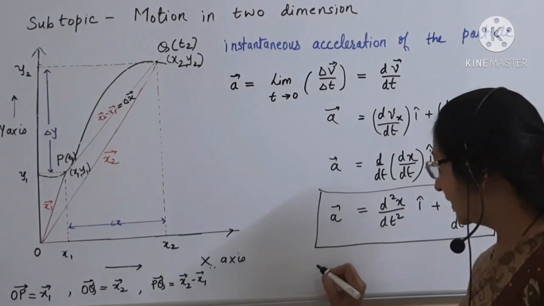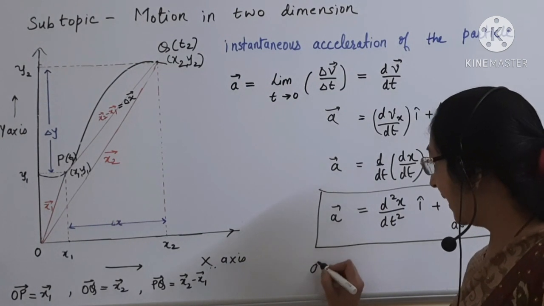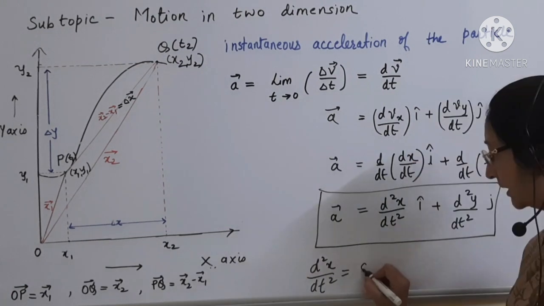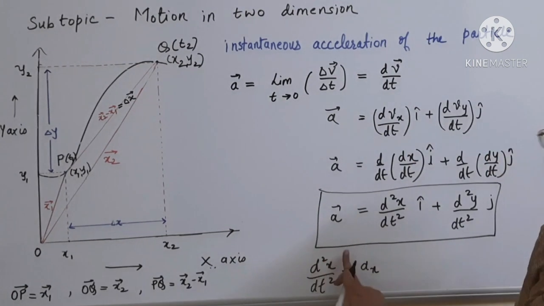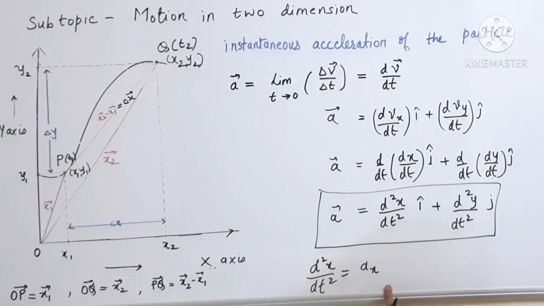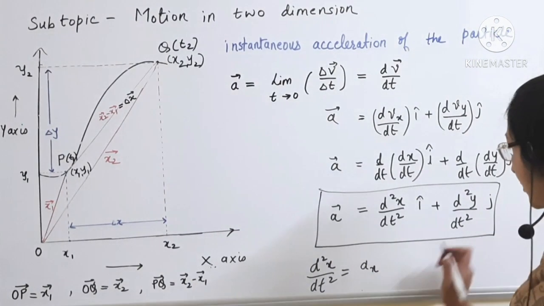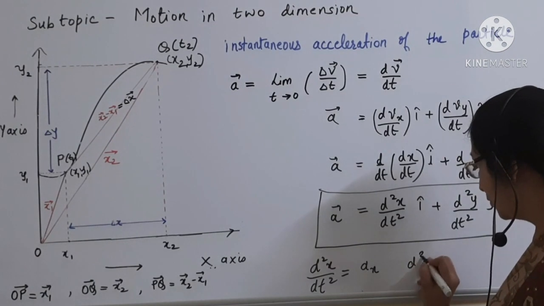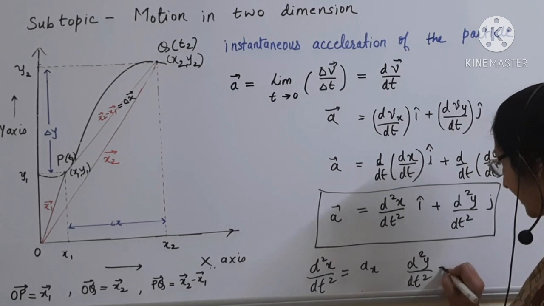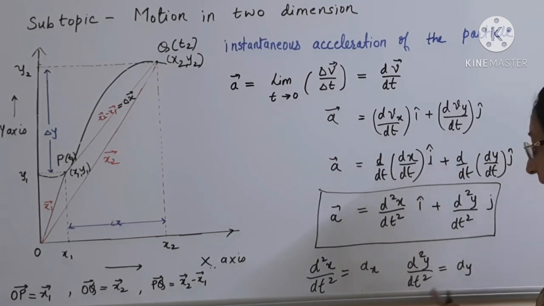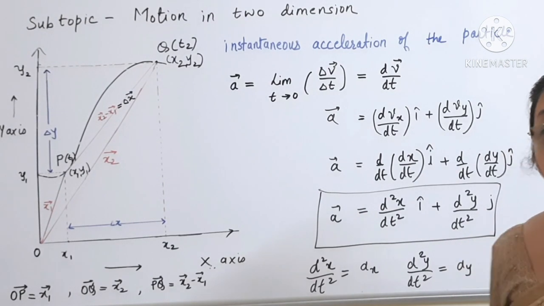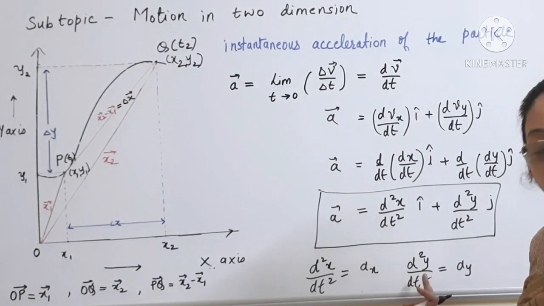Now, what is d2x by dt square? ax. d2x by dt square is ax. That is the x component of the acceleration, or the acceleration along the x direction. And d2y upon dt square, that is equal to ay. That is the component of the acceleration along the y direction, along the y axis.